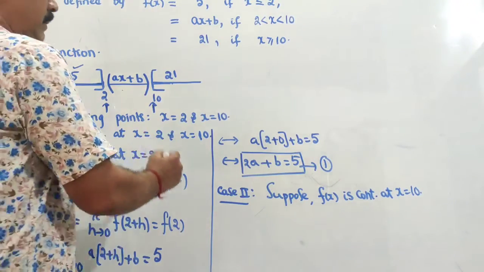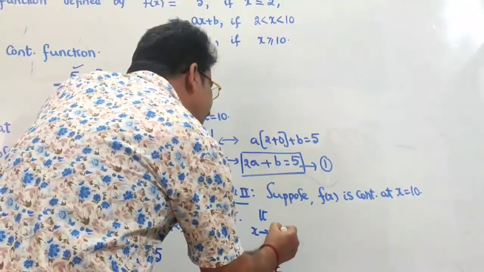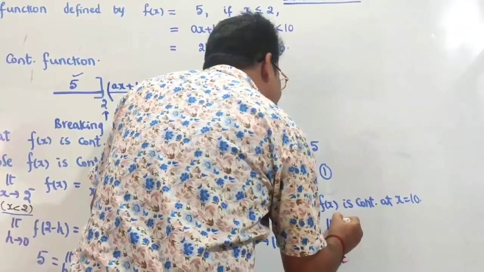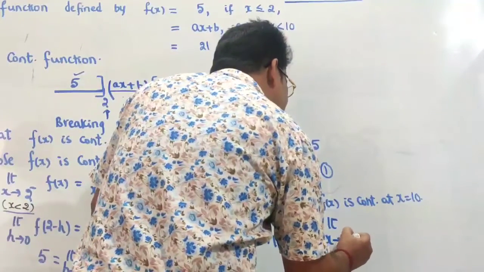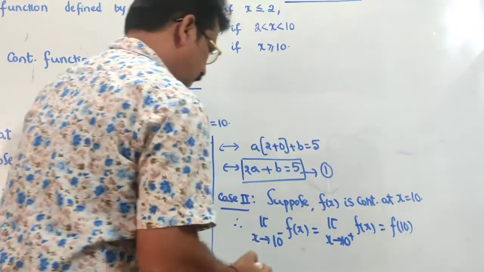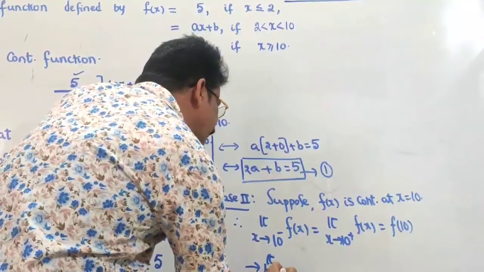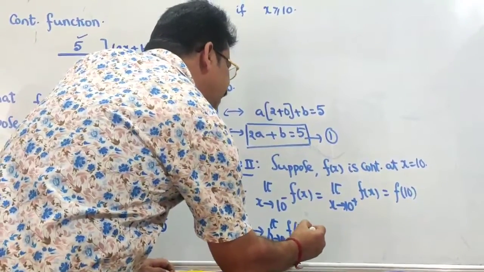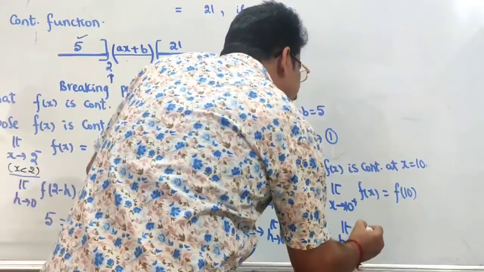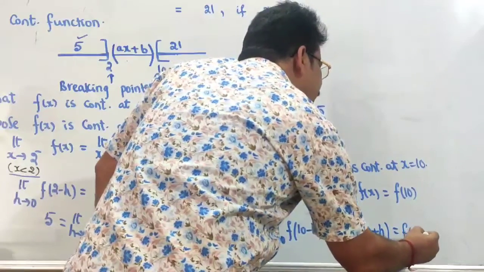So according to the definition, limit x tends to 10 minus, the left hand limit, is equal to the right hand limit, x tends to 10 plus f of x, that is also equal to f of 10. So that implies limit h tends to 0 f of 10 minus h is equal to limit h tends to 0 f of 10 plus h, that is equal to f of 10.